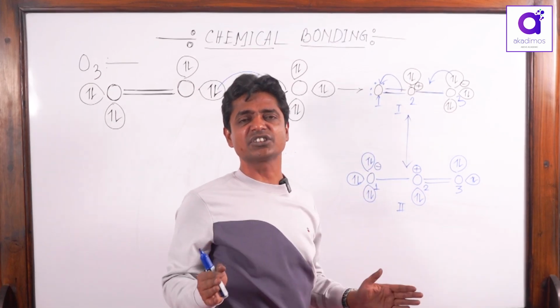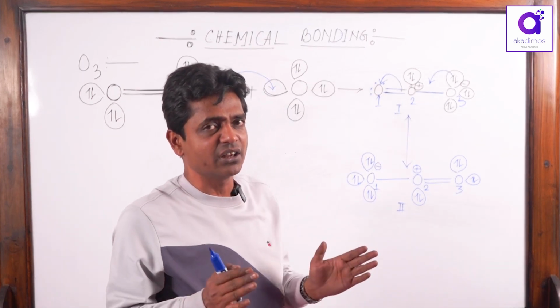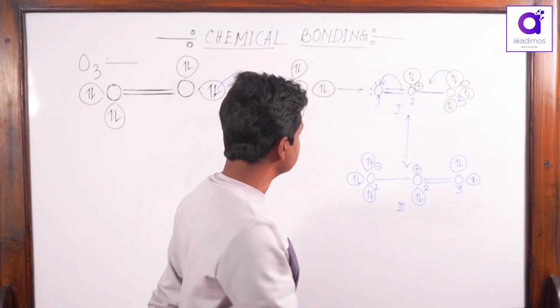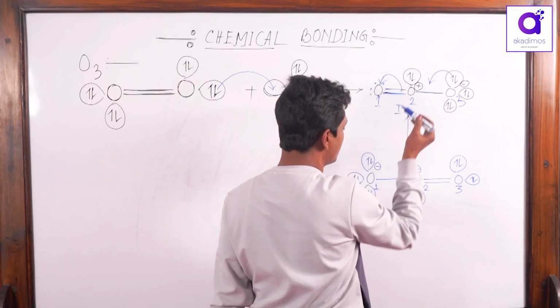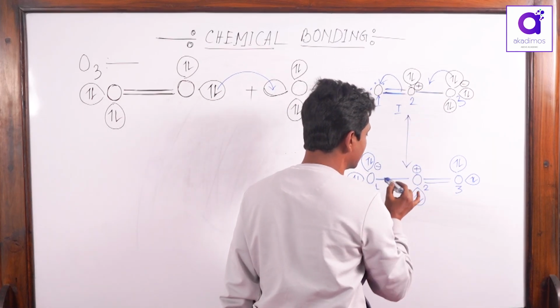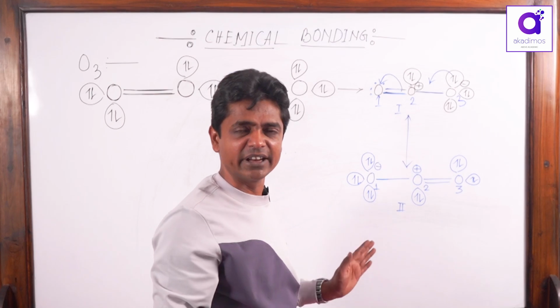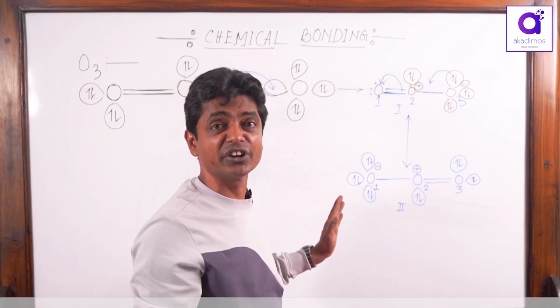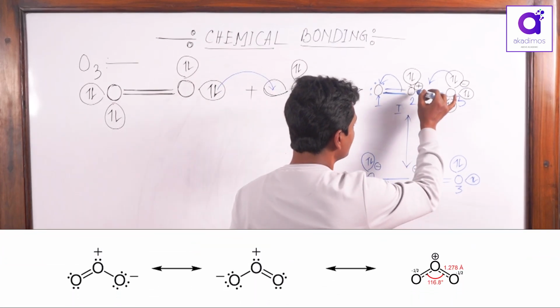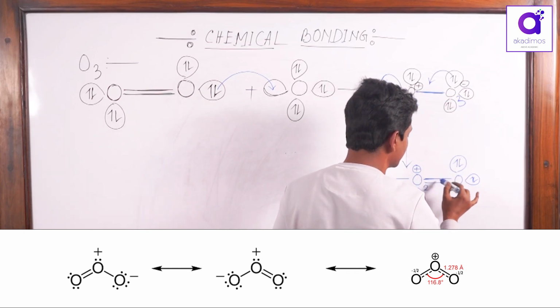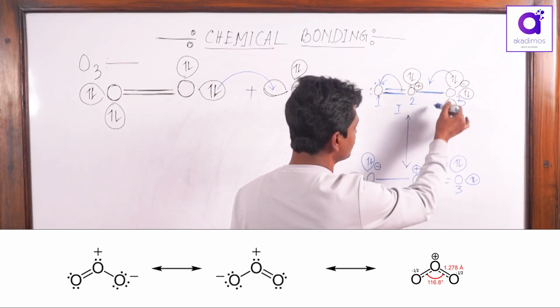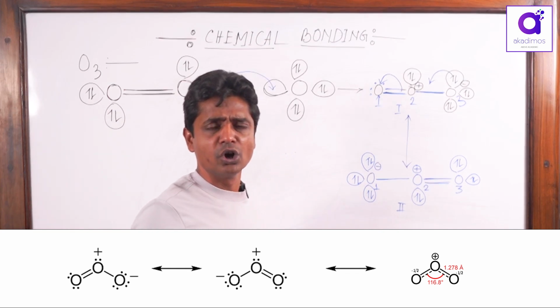That means in the real structure, both contribute 50-50. 50% double bond between O1 and O2 and 50% single bond. Take the average, what will you get? 1.5. Here also 50% single bond, 50% double bond. Total bonds 3, total structures 2, 3 by 2 is 1.5.